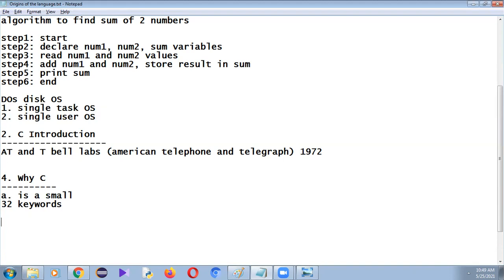Second one, C is fast. Why? Because, as I said, operating systems such as Unix, Linux, Windows are written using the C programming language. That's why the execution of C programs is very fast.